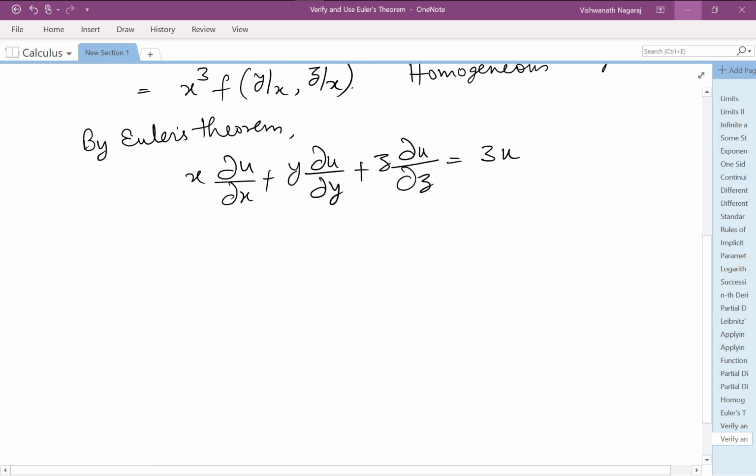Now let's do a problem based on Euler's extended theorem.